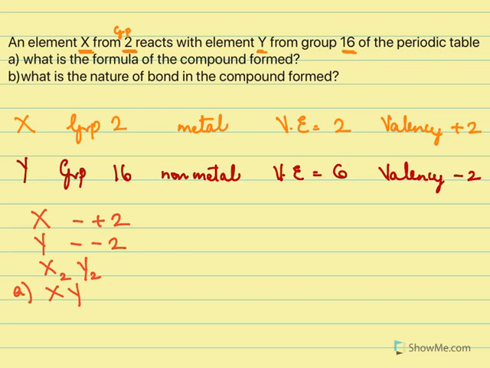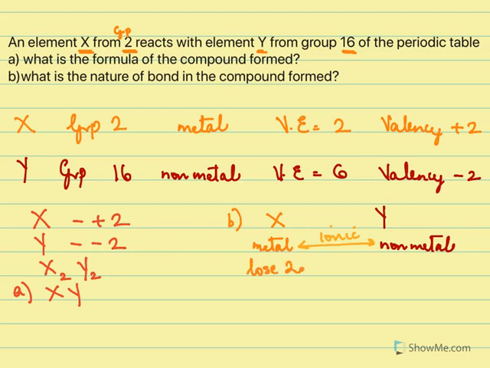Now, what kind of bond will they form? So, this is the B. X is a metal and Y is a non-metal. And the bond between a metal and a non-metal is always ionic. Because what will X do?